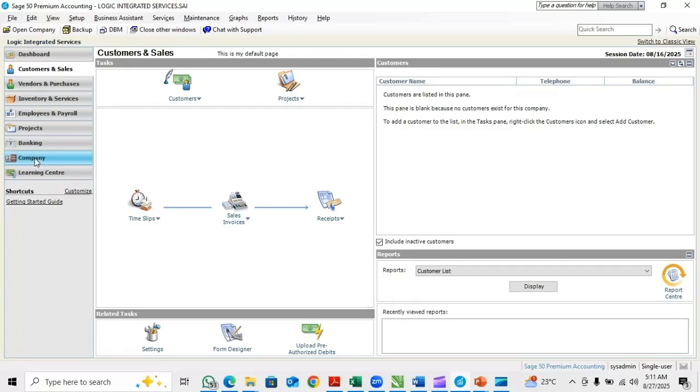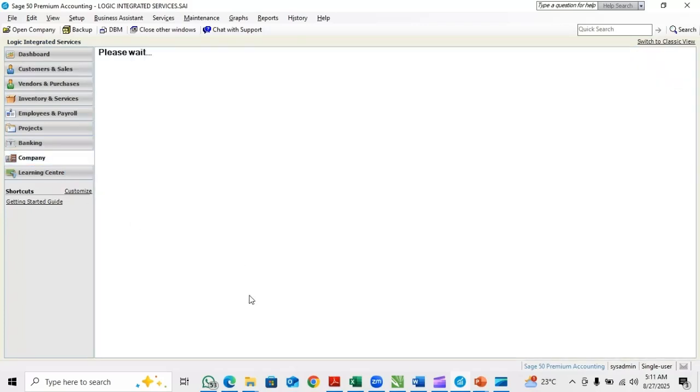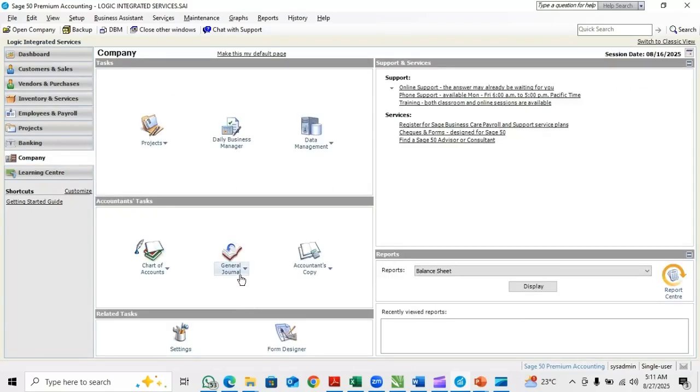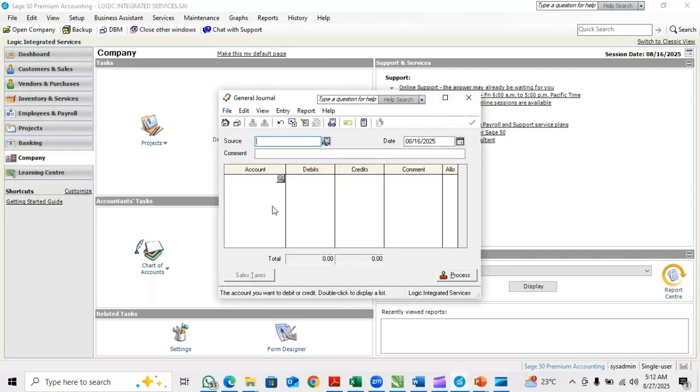So we are going straight to the company tab and go to the general journal, then create journal. We're going to say our source. You can use 001 as your source number. Comment: owner's investment.